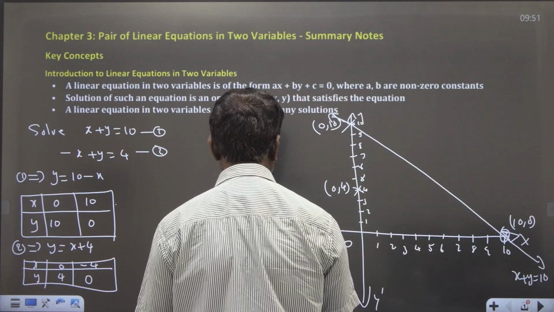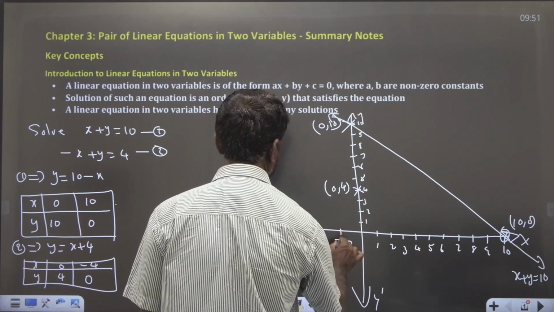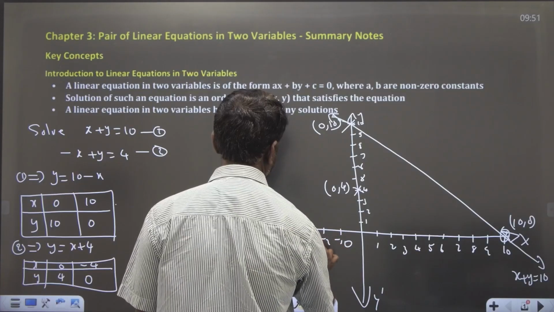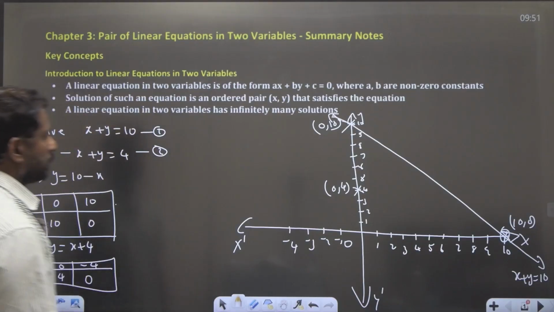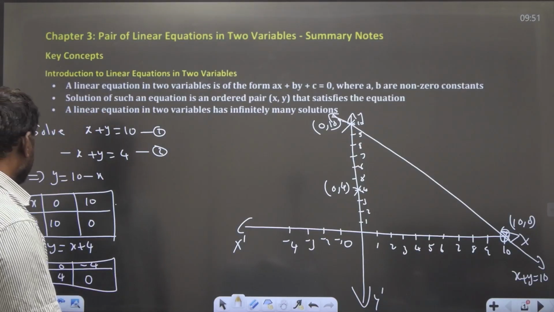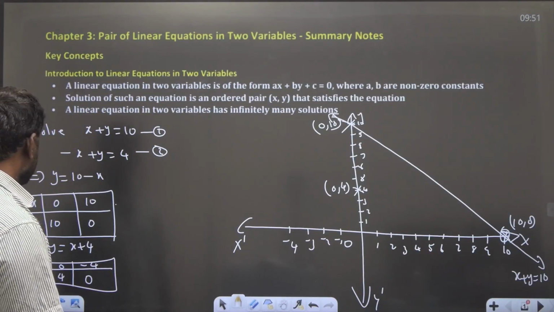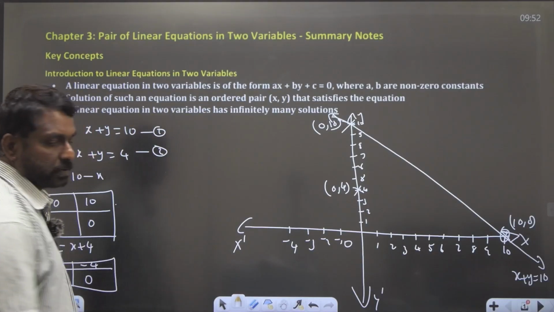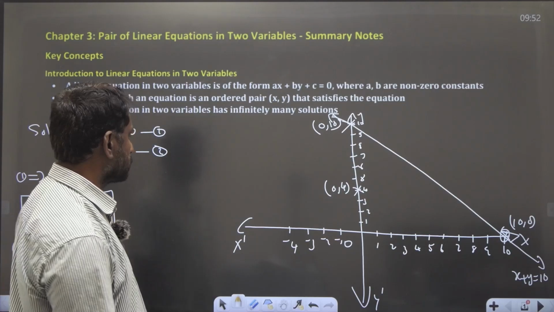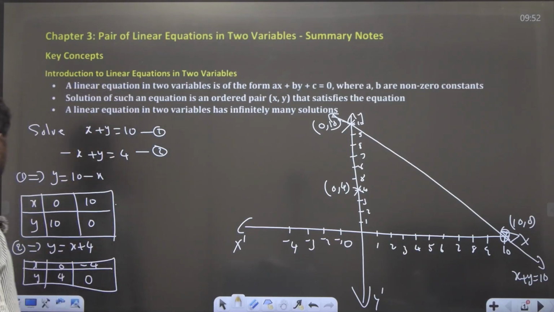And x minus 4: negative 1, negative 2, negative 3, negative 4. When x is minus 4, y is equal to 0.